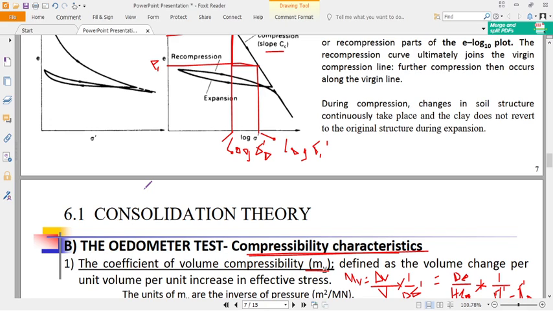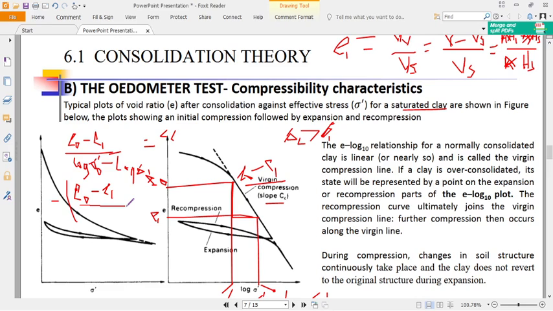E naught minus E1, still have a negative outside there, divide by log effective stress, fixed stress 1, minus log effective stress, original overburden stress, effective stress.